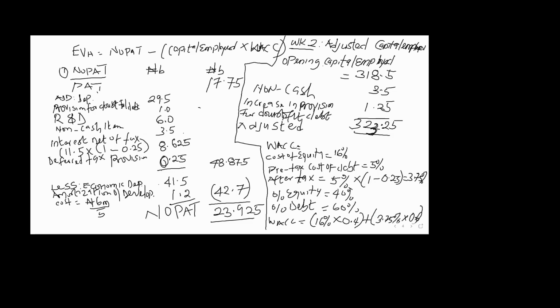Provision for doubtful debt was 2.25 billion on the 2018 statement of financial position.